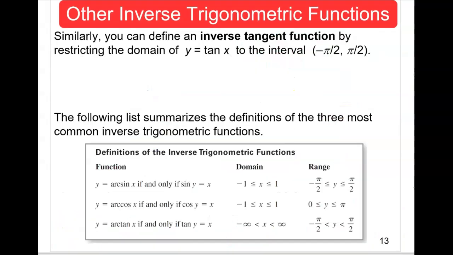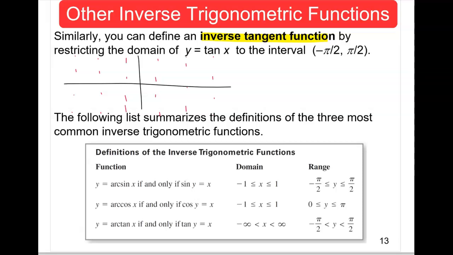So the third inverse trigonometric function we will discuss in this section is going to be the inverse tangent function. Now, recall that the tangent function graph does have vertical asymptotes at odd multiples of pi/2.